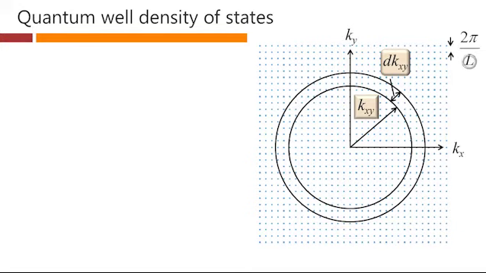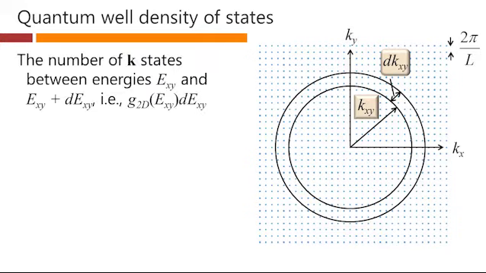For simplicity, we're taking the quantum well layer to be the same size in both directions, x and y, a length L. So now we're looking at a circle here that corresponds to a specific energy Exy, and another circle that corresponds to an energy Exy plus dExy. So we're looking at the number of k-states, a number of dots on this diagram that fits in this annular ring between these 2 circles.